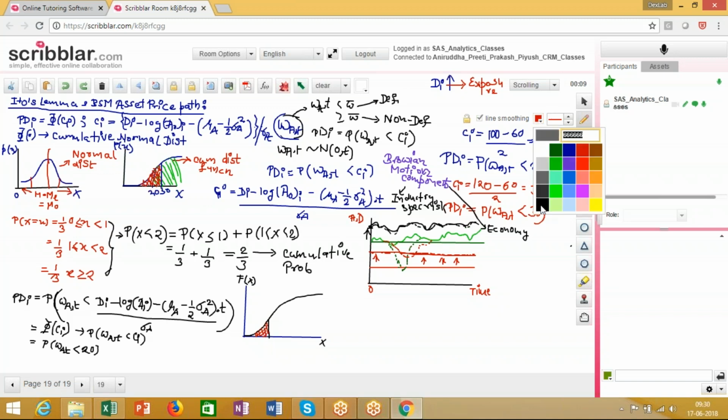Now the next thing that we see is that this green area is the non-default area.